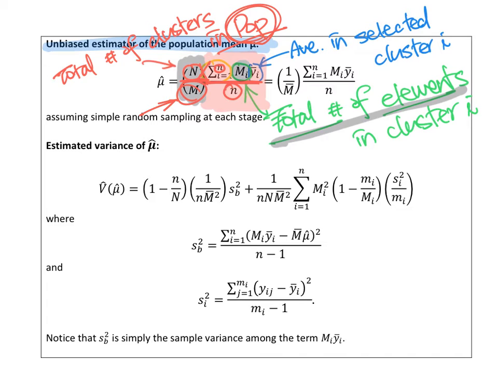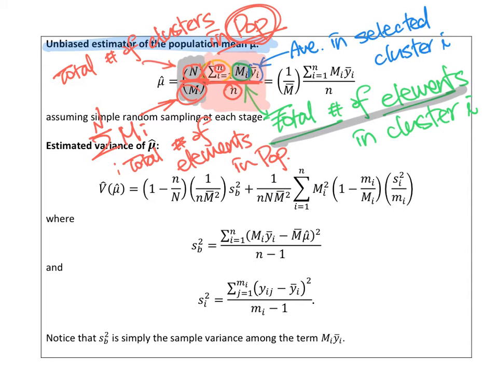And the big M was the summation of the big MI in the population, so which was the total number of elements, people, in the population.